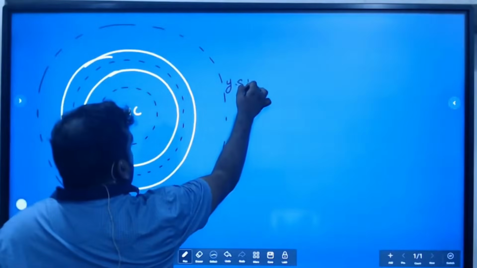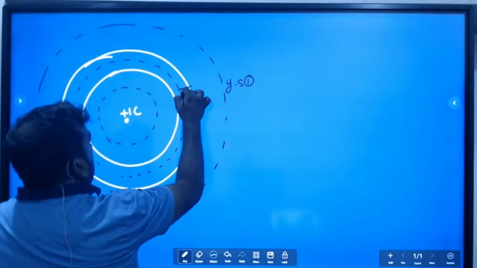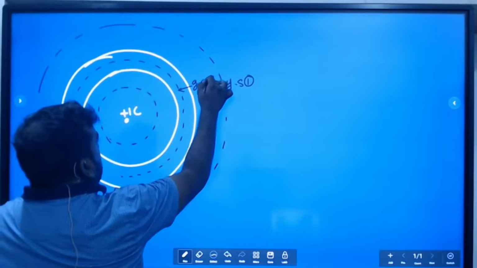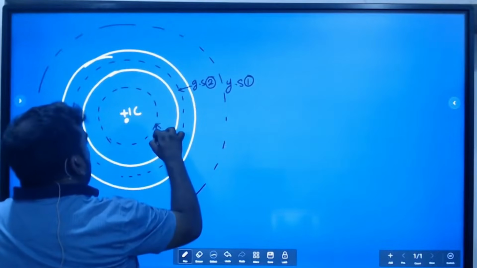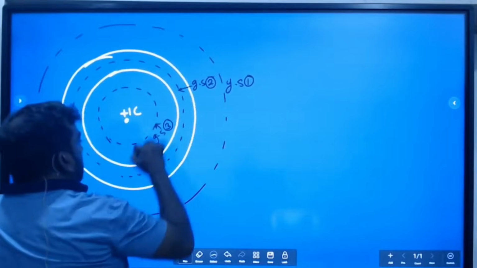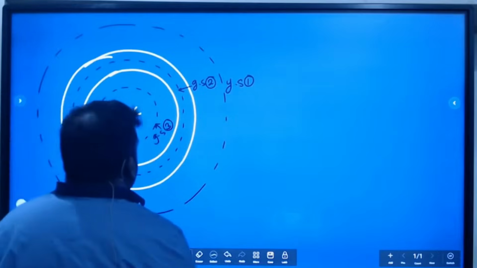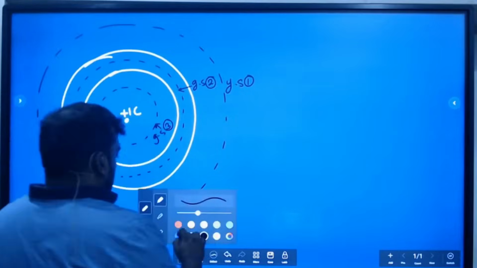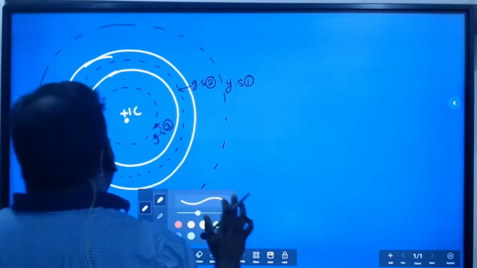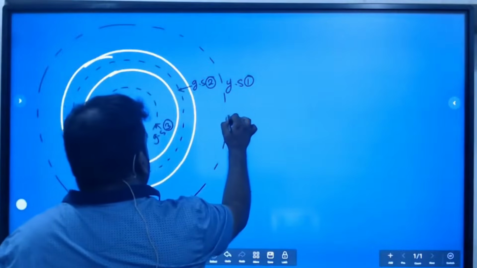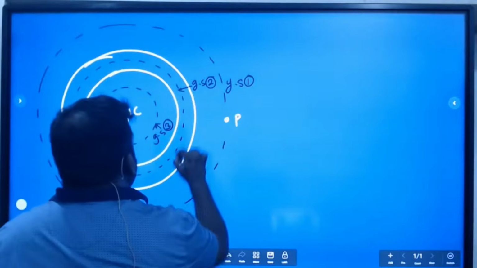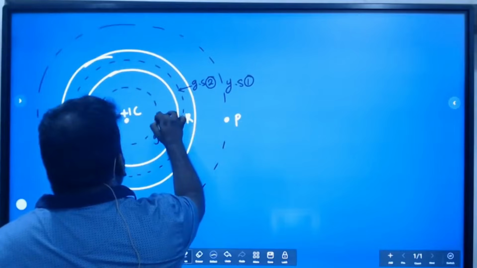Gaussian surface 1, Gaussian surface 2, Gaussian surface 3. Look at the board. Let me start applying the equation from Gaussian surface 1. PRT.